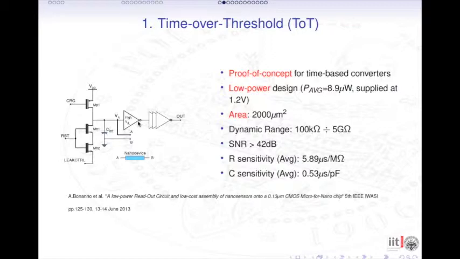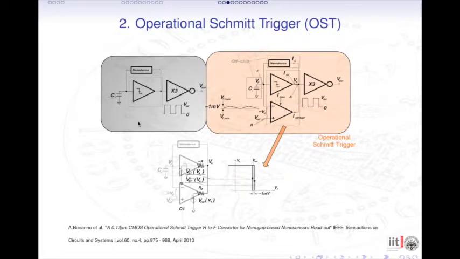And also the area of the IC is really small, so about 0.002 millimeter square. The signal to noise ratio is more than the original design constraints, and so we can exploit the oscillators to conceive an electronic interface for a nanosensor.